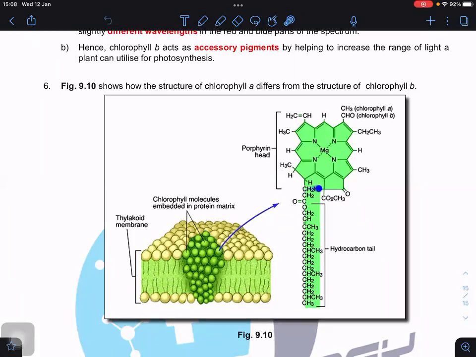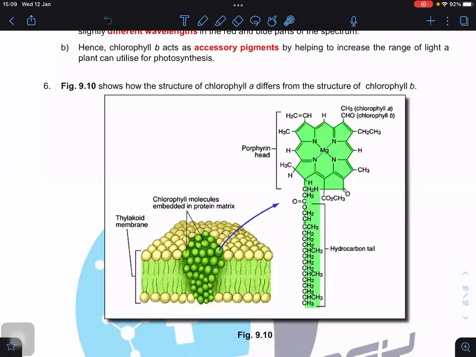This hydrocarbon tail is very important to interact with the phospholipid bilayer, because the thylakoid membrane is a membrane. Remember, thylakoid membrane is a membrane, so it also consists of a phospholipid bilayer. How can this chlorophyll molecule anchor itself in the phospholipid bilayer?